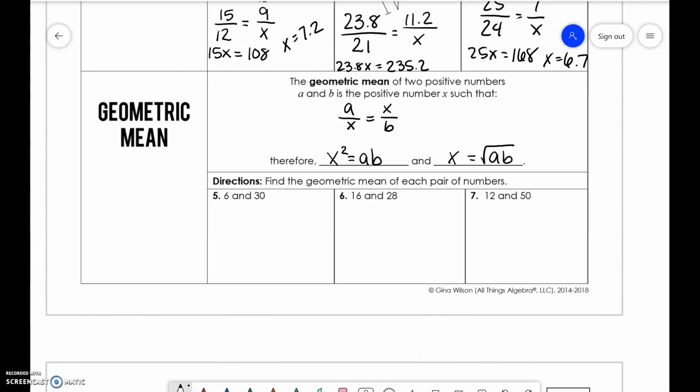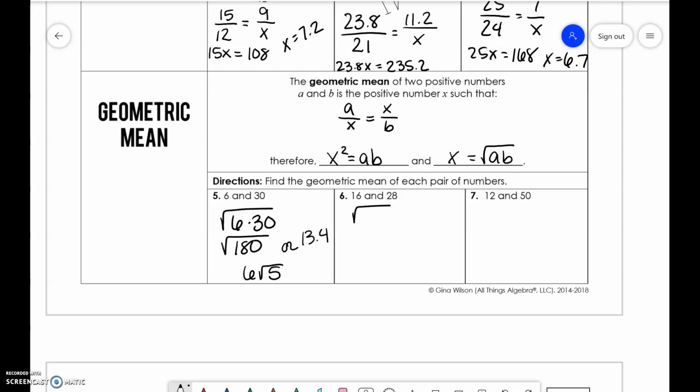So if we find the geometric mean, that means we're just taking the square root of 6 times 30. So it would be 180, take the square root. It can be one of two ways. You can either take the square root of 180, or you just simplify it to be 6 root 5, or 13.4.